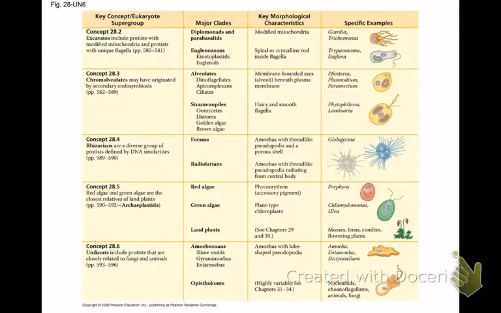But certain things on here, such as the nucleariids and choanoflagellates, we did not look at. So you only need to concern yourself with the groups and the organisms that we looked at.